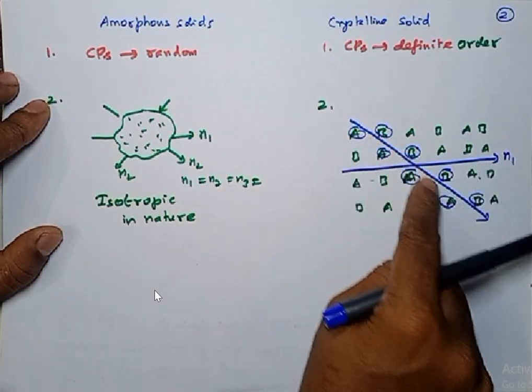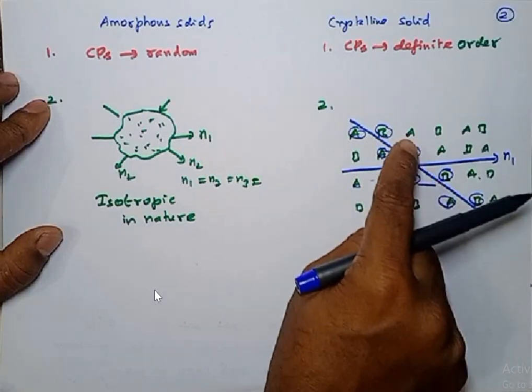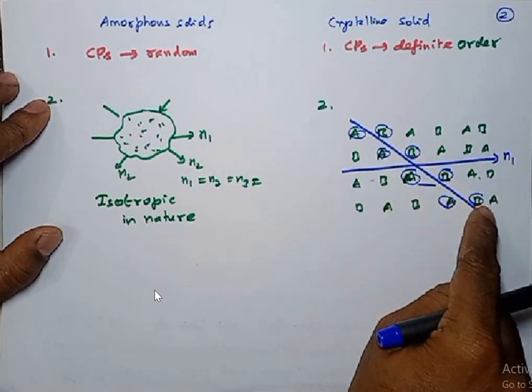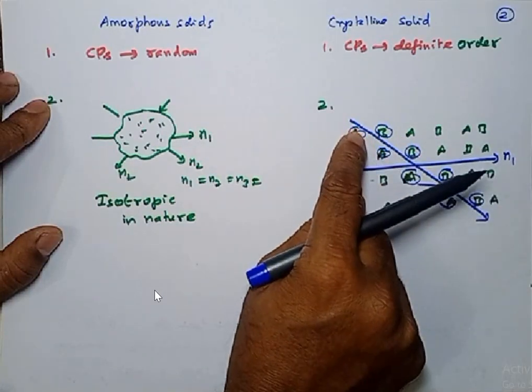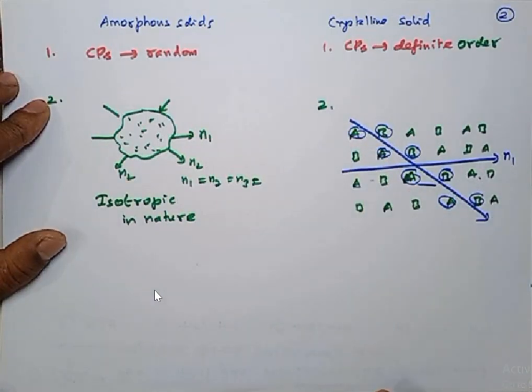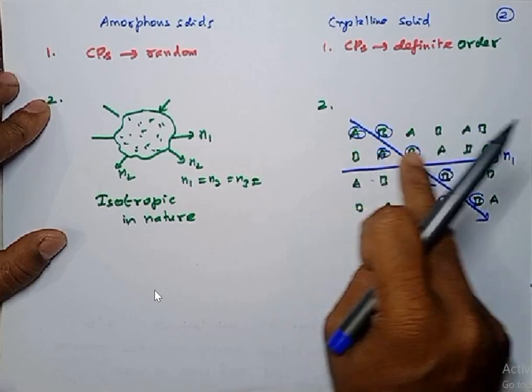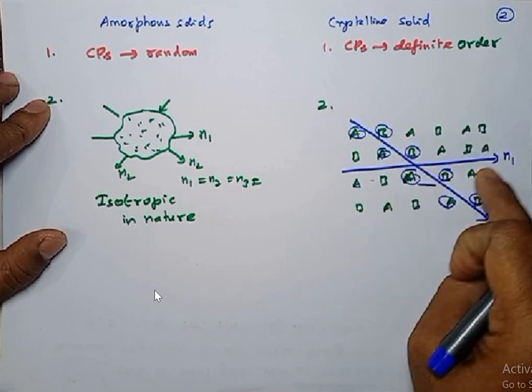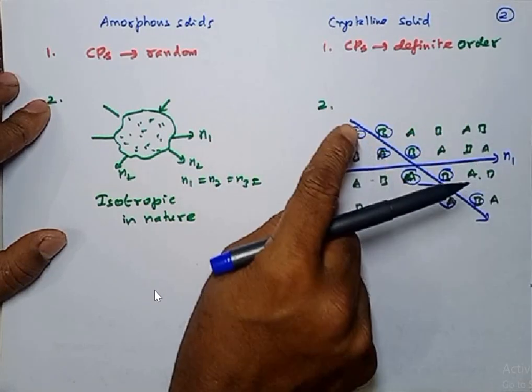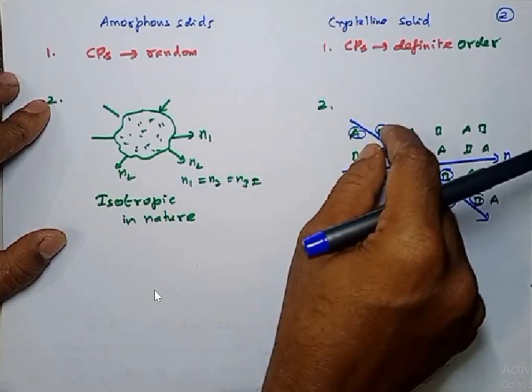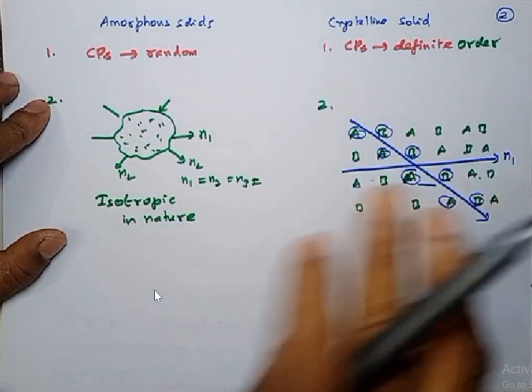Whereas in this direction, one side has only B particles and the other side has only A particles. Therefore, the interaction faced by this radiation with the particles and the interaction faced by the other radiation are not the same.